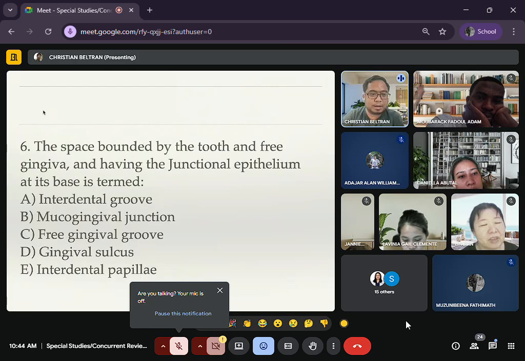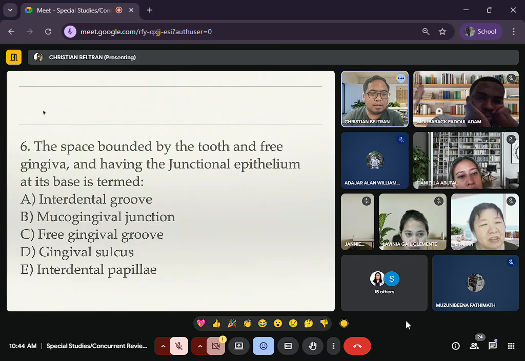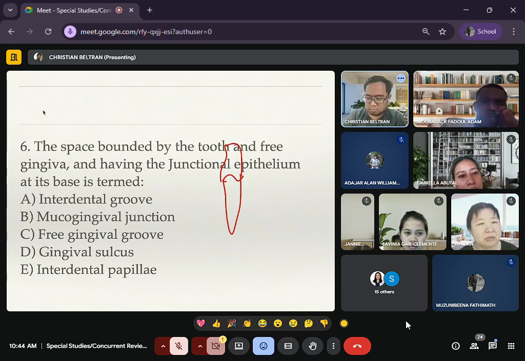The space bounded by the tooth and the free gingiva and having the junctional epithelium at its base is termed as what? The space bounded by the tooth and the free gingiva.